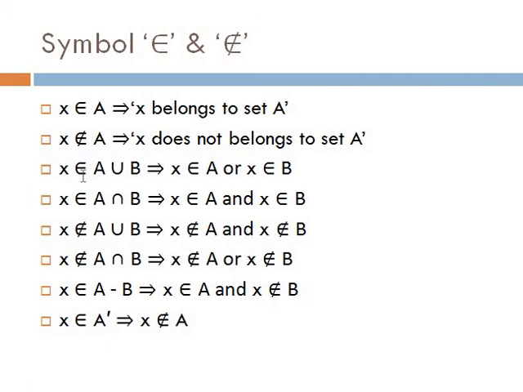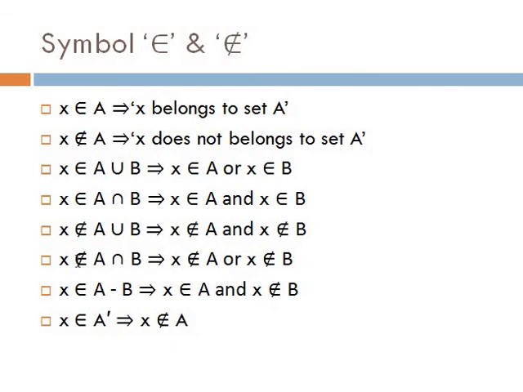That implies X belongs to A or X belongs to B. If X belongs to A intersection B, that implies X belongs to A and X belongs to B, that is, X comes from both sets. Now X does not belong to A union B means X does not belong to A and X does not belong to B. So for not belongs to, the union means and.